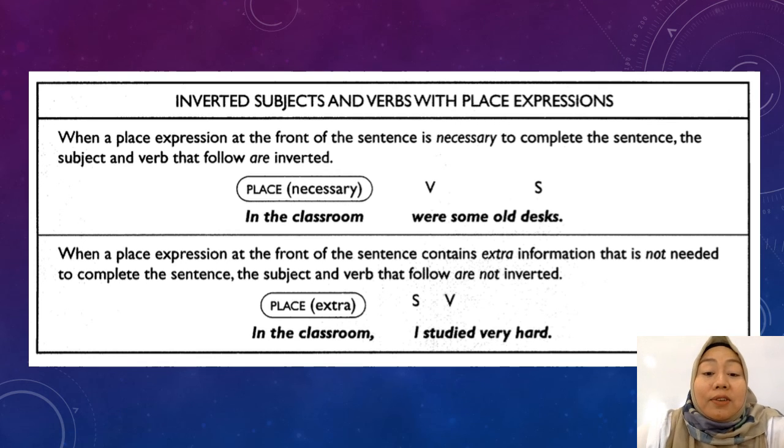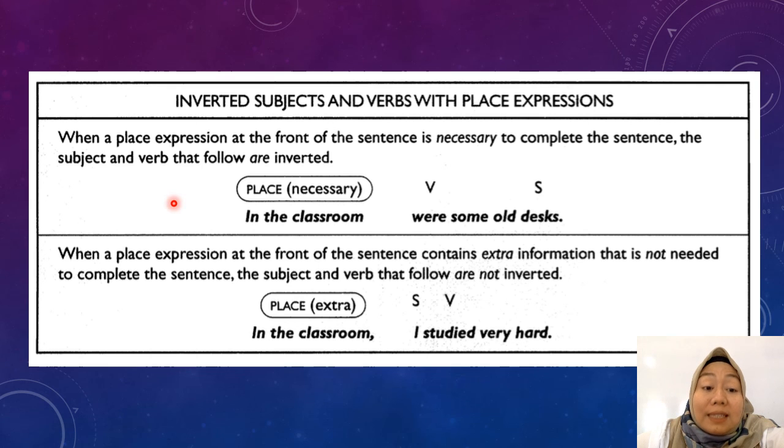Okay, let's review the inverted subjects and verbs with place expressions. When a place expression at the front of the sentence is necessary to complete the sentence, the subject and verb that follow are inverted. For example, in the classroom were some old desks.